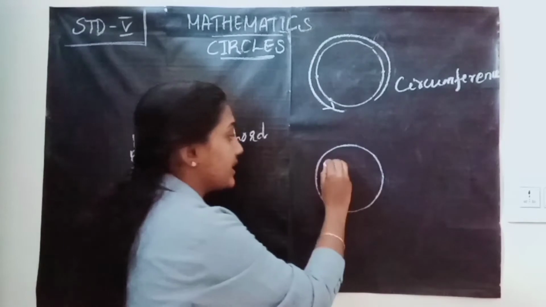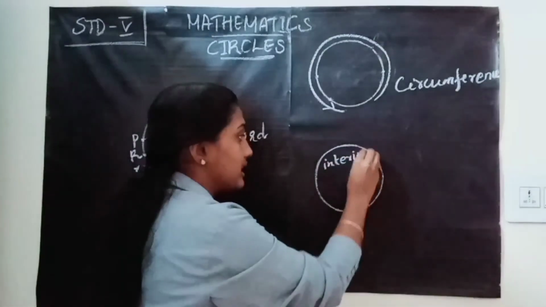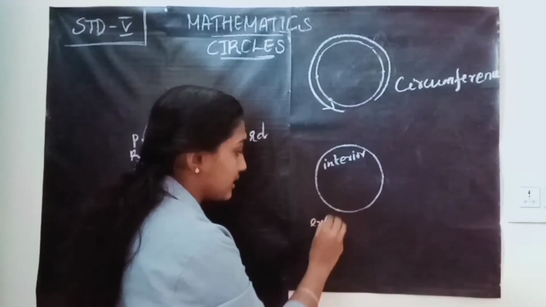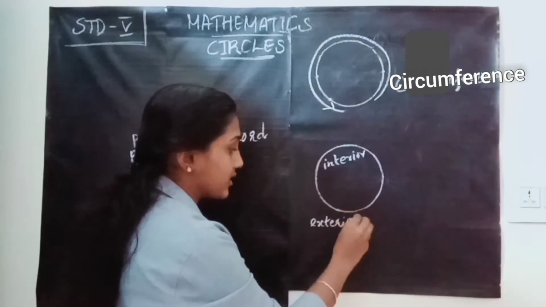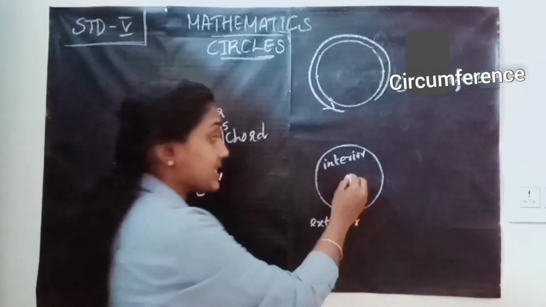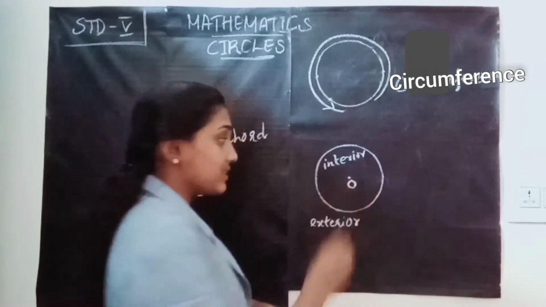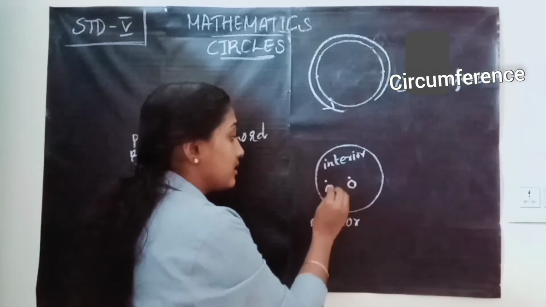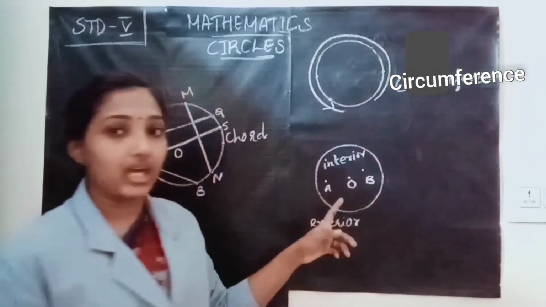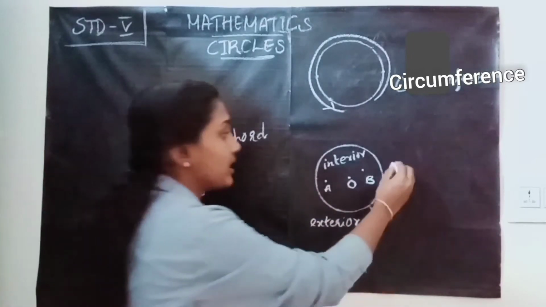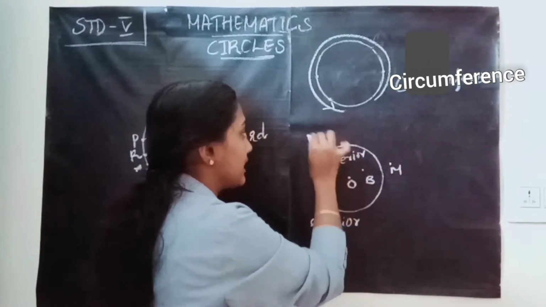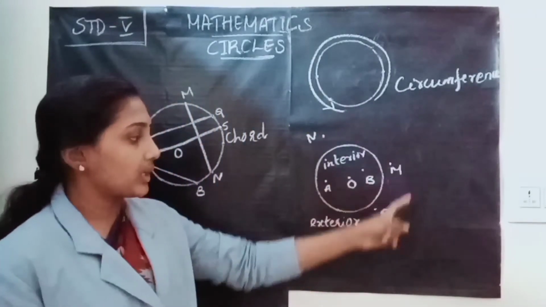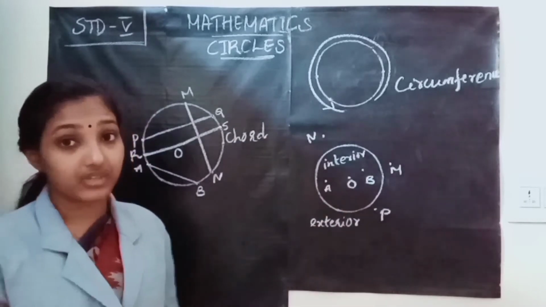The center of a circle lies in the interior region, and these points A and B are in the interior region. If we take any points like P, M and N, these points lie in the exterior of the circle.